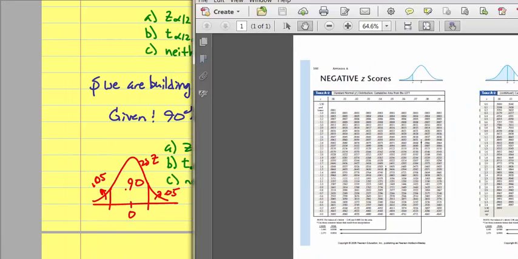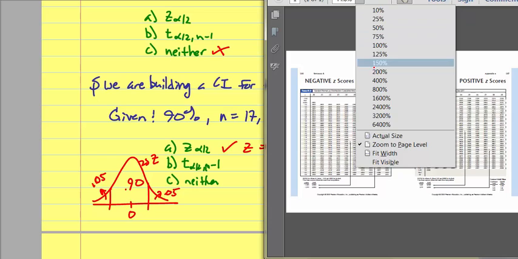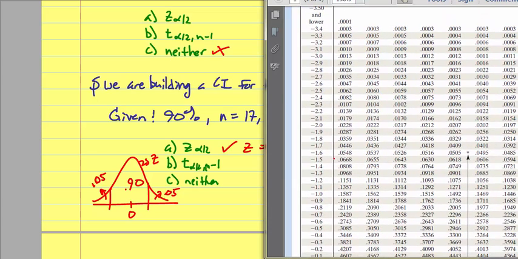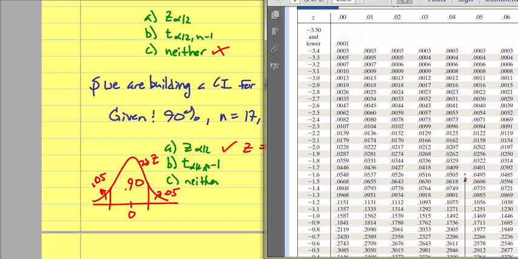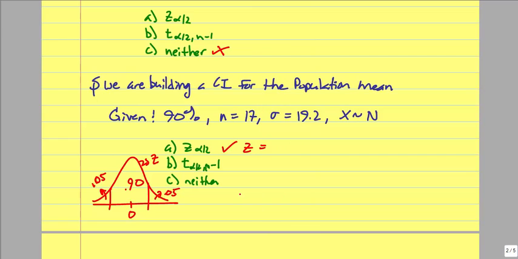If I'm looking at my normal tables, the easiest one to look at is on the left. Let's look up 0.05. We want 0.05 on the inside of the table, and it's this asterisk. It's halfway between 1.64 and 1.65, and if we read this arrow down, they're telling me plus or minus 1.645. So my z-score is plus or minus 1.645.